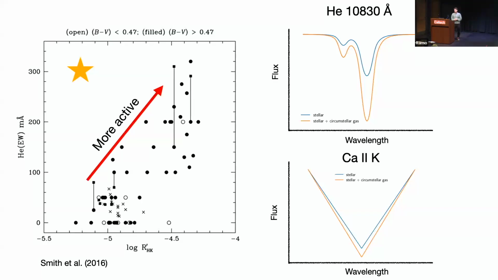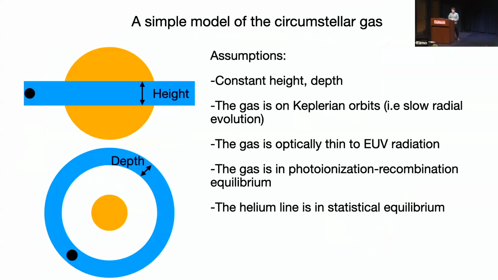And to do this more quantitatively, I made some models of the circumstellar gas disk, and this is about the simplest model you can make. So there's a whole bunch of assumptions which you may or may not like, but it really doesn't matter that much because no matter what assumptions you make, if there's a whole bunch of gas there, it'll be hard to get it not to absorb in helium.